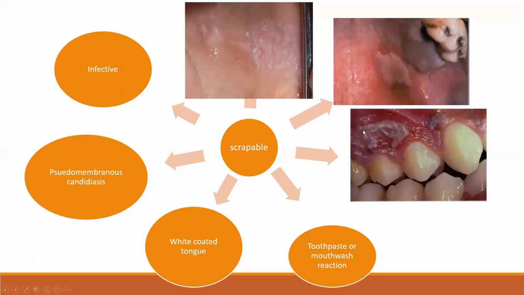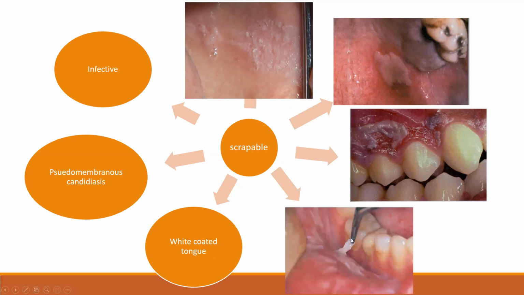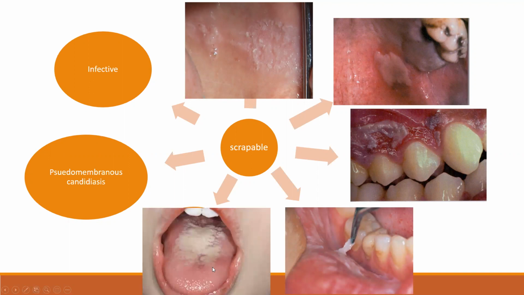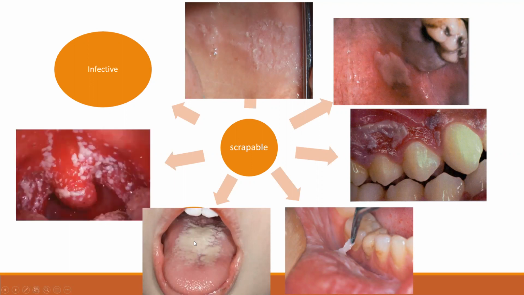This is an example to recall the cotton roll injury. This is a scrapable epithelium from the underlying mucosa because of a change in the toothpaste. This is an example of white coated tongue. This coating, because the patient does not scrape the tongue properly, can be partially scraped off.